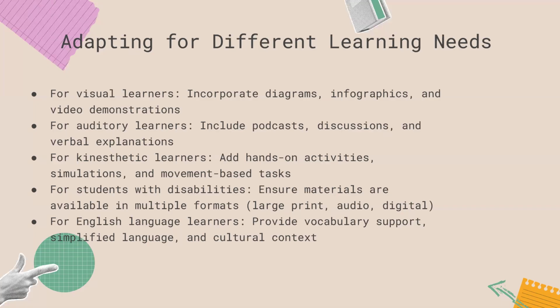Auditory learners usually understand concepts better through discussions, podcasts, and verbal explanation. And also, we got the kinesthetic learners, who need opportunities to interact physically with learning through hands-on activities, experiments, or simulations. Sometimes it's really good to implement some activities like this one.